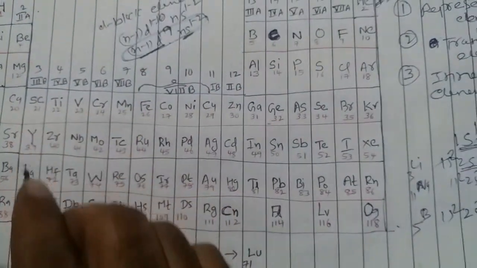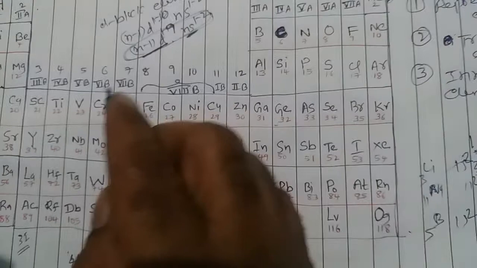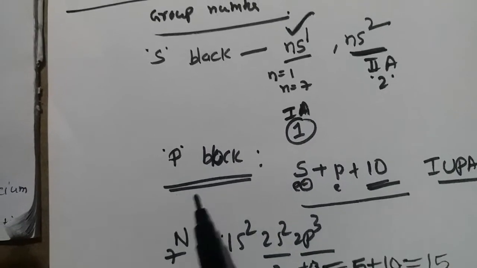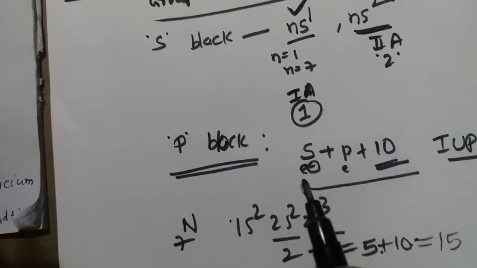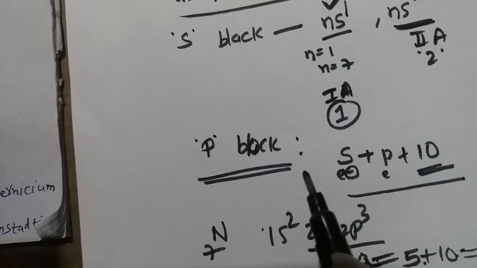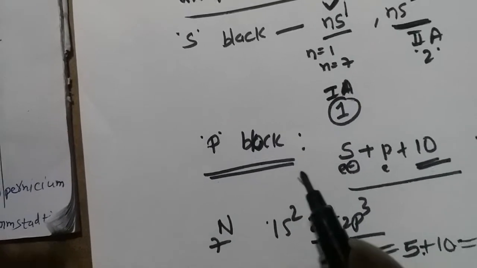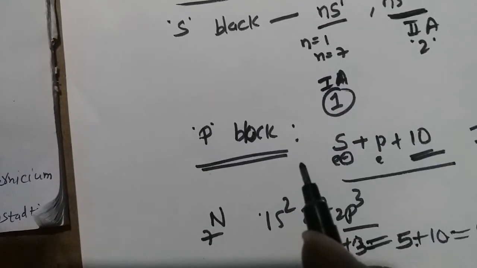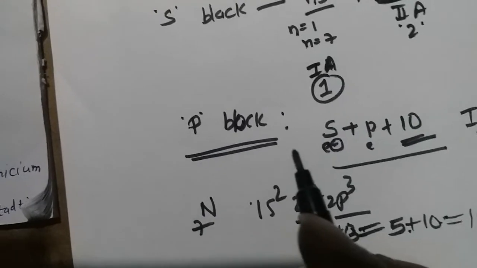Why is this happening? Because we have 10 D block elements, so we add 10 here. So the P block element's group number: if the differentiating electron enters the P orbital, then that element belongs to the P block.